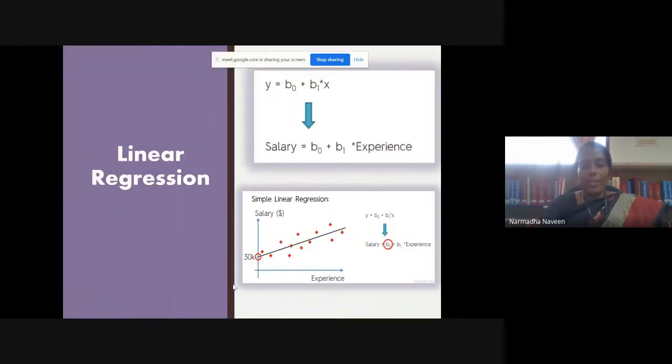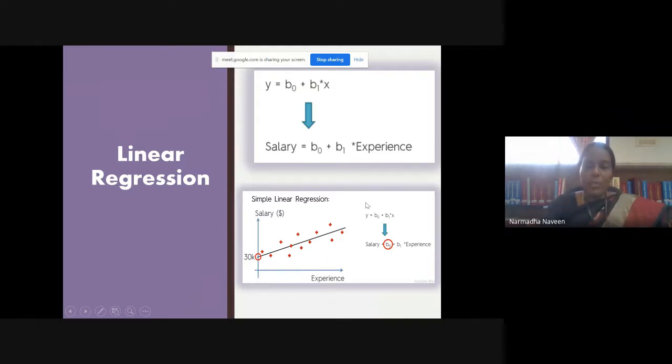Here you can see the same being represented. This is a simple linear regression. When a person has joined freshly, he has earned a salary of 30K dollars. The x-axis represents the experience and the y-axis is the salary.